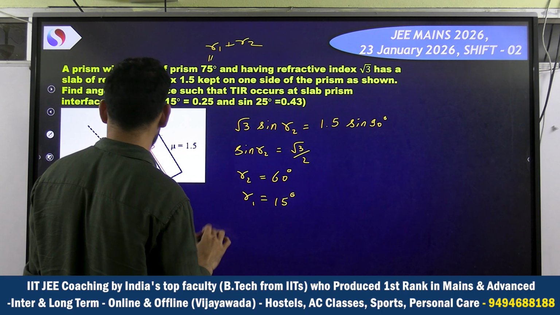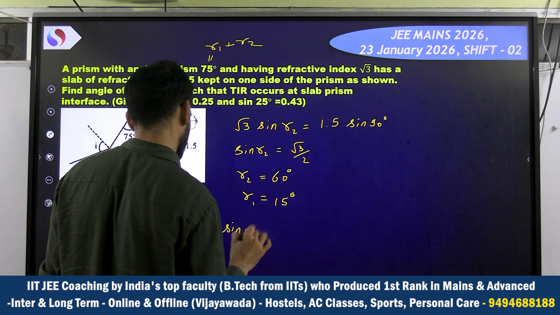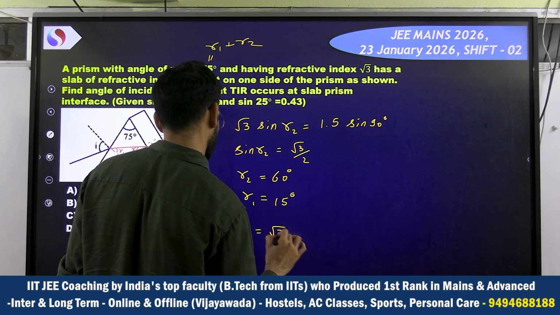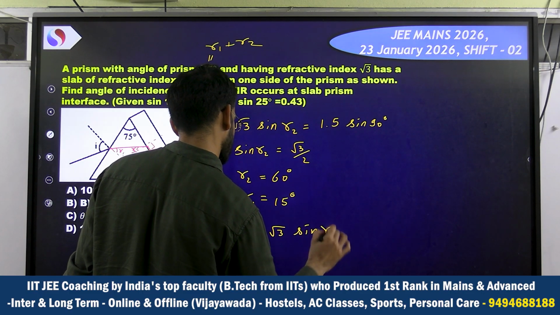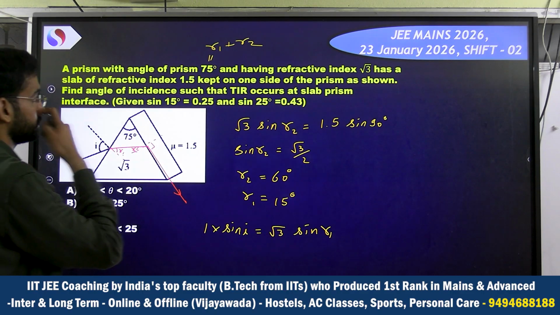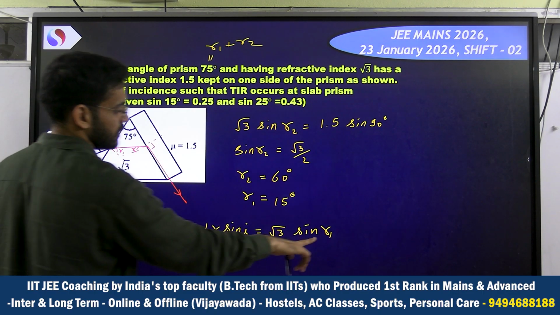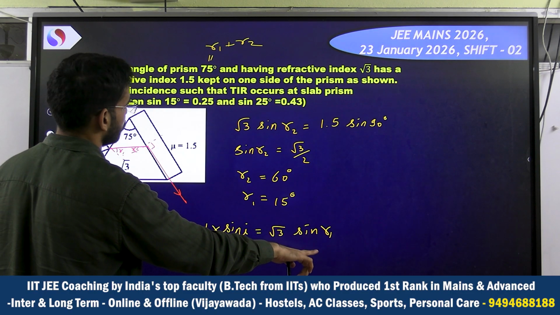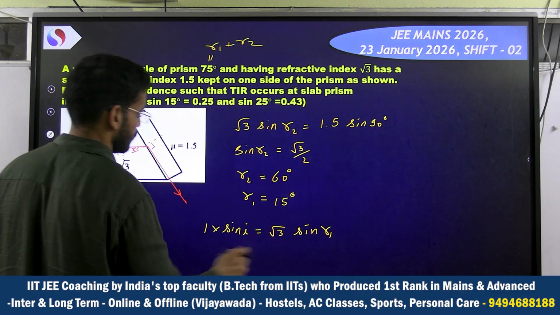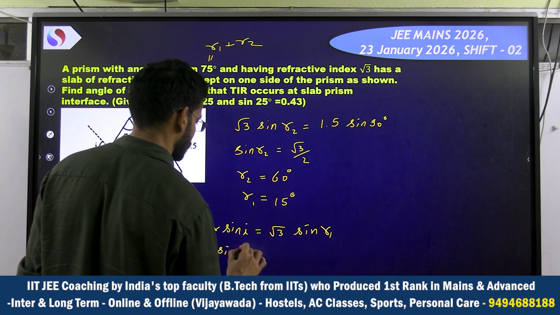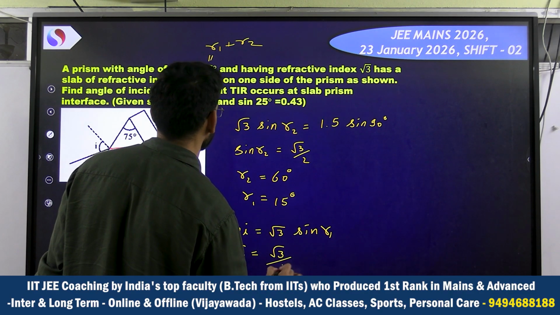Now apply Snell's law here. So 1 into sine I is equal to root 3 into sine R1. And sine 15 is 0.25, so 1 by 4 you will put here. So you will have sine I equal to root 3 by 4.